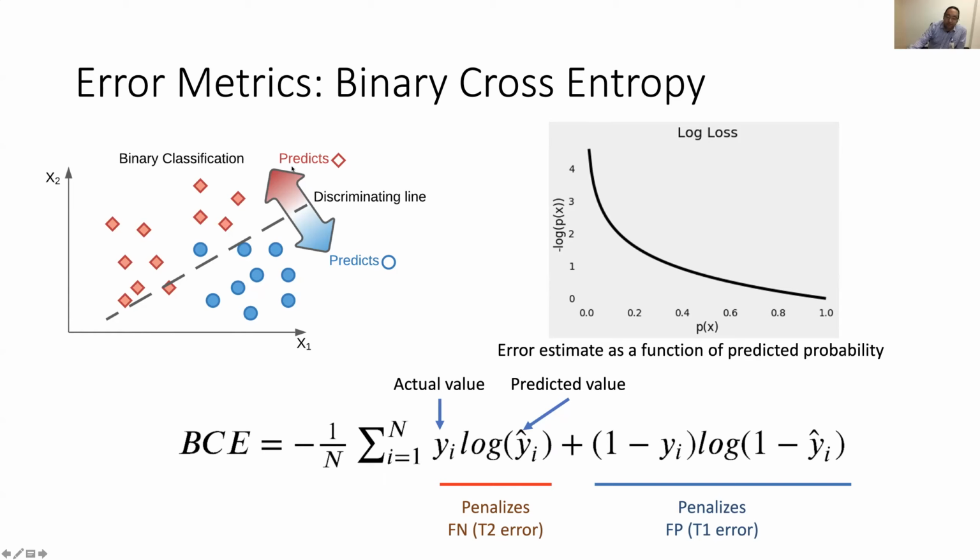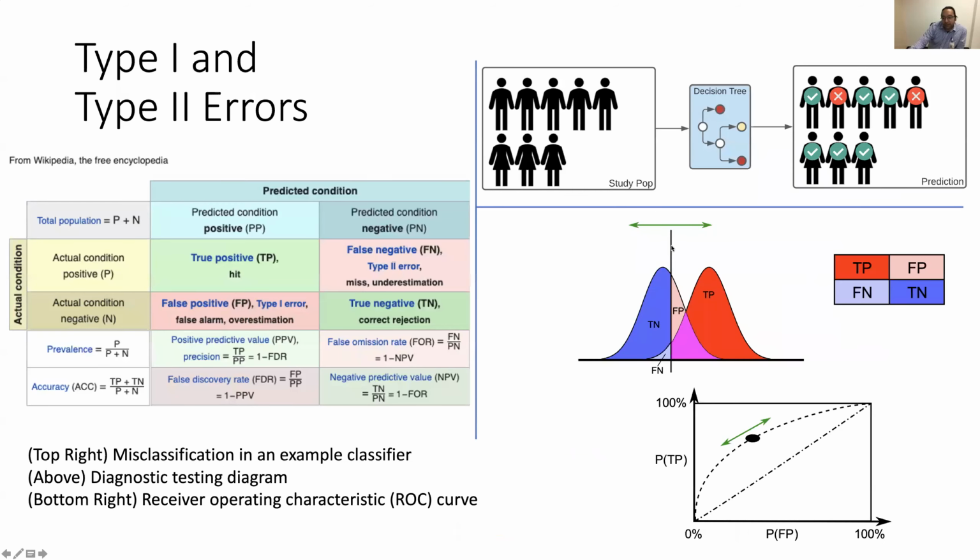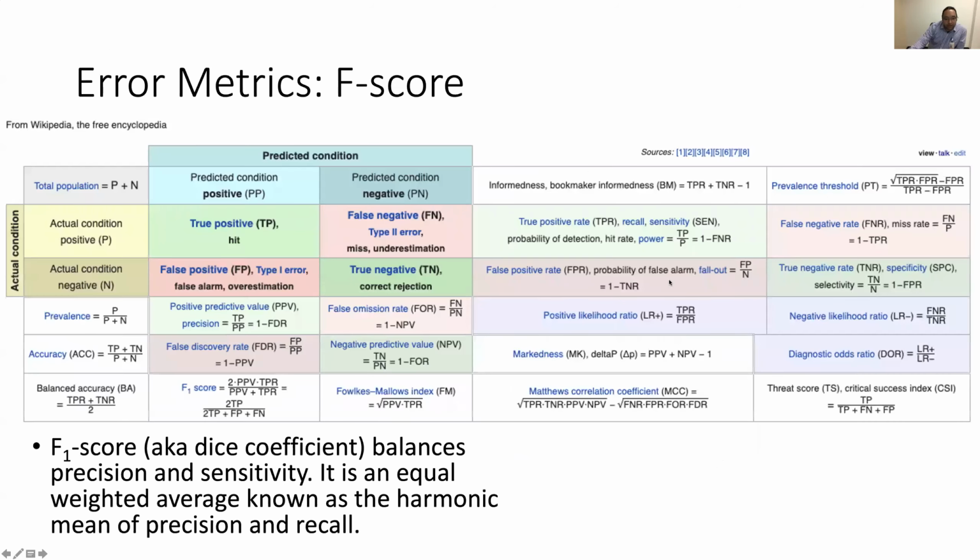Above that line, let's say it predicts the diamonds, and below this line, it predicts the circles, right? Just like we saw here in one dimension, that's this discriminating line. On this side, it predicts this thing, and on the other side, it predicts the other.